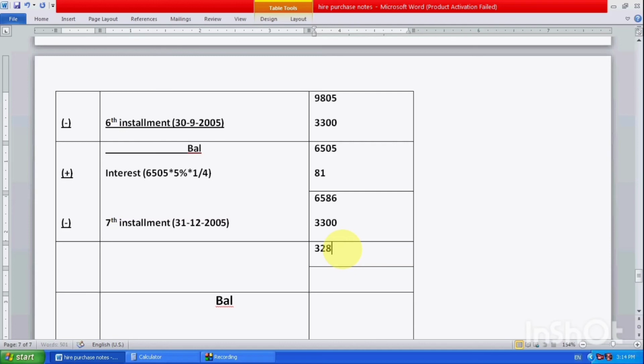Now what we have to do is add for the last and final installment, the 8th quarter. After the balance, add the 8th quarter interest. Take the add symbol, interest 8.